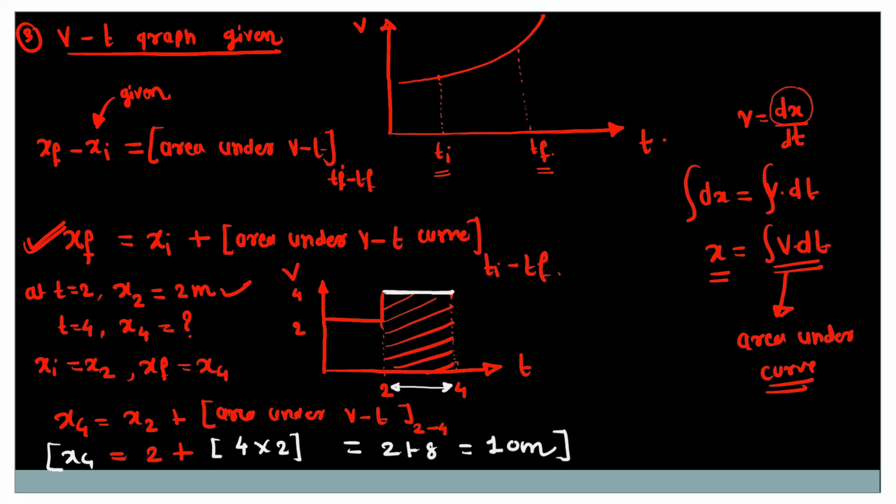So we have to remember this equation. x final is equal to xi, that is the initial position, plus the area under the vt graph from time ti to tf. Now similarly, if the at graph is given, we can find out the velocity time graph.